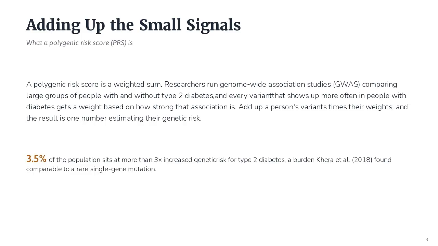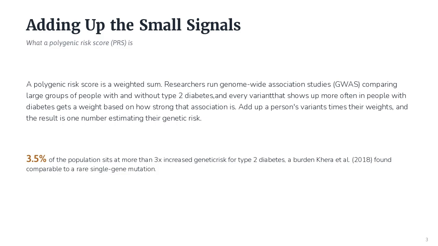A polygenic risk score is basically a weighted sum. Researchers run genome-wide association studies comparing large groups of people with and without type 2 diabetes, figure out which variants show up more often in the people who have it, and assign each one a weight based on how strong that association is.